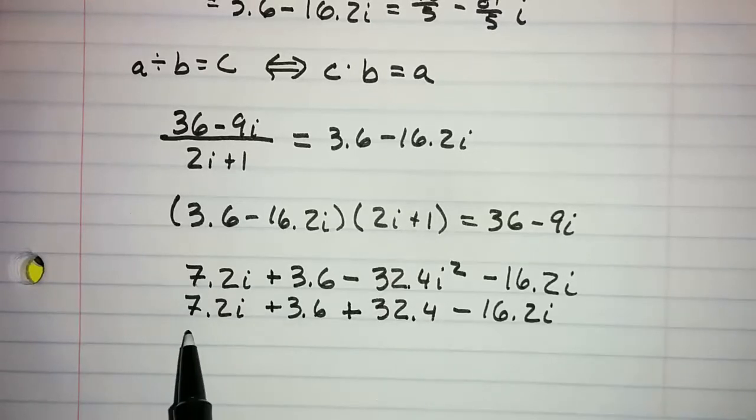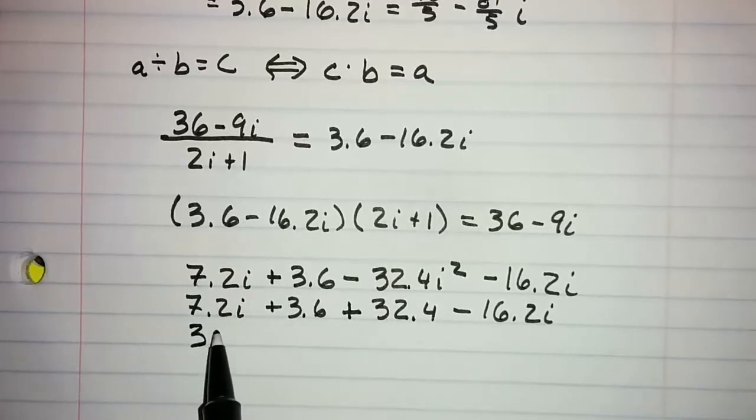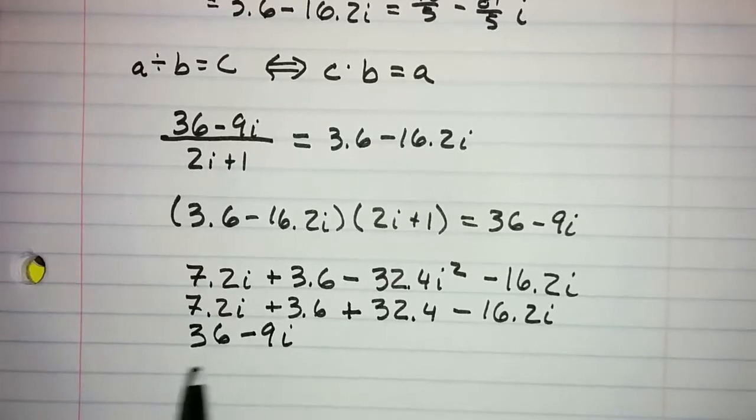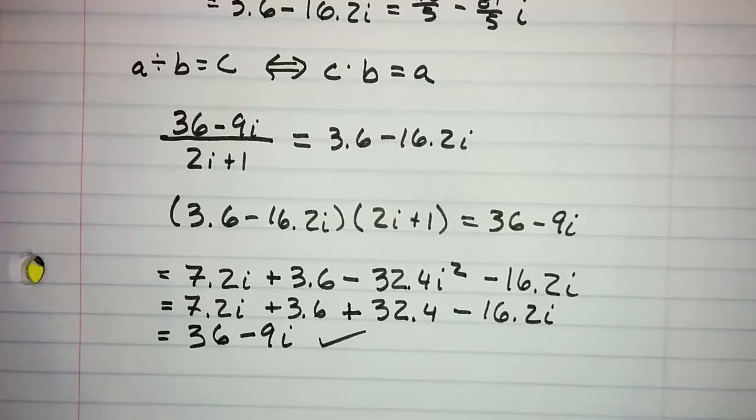And combining like terms, I do indeed get 36 minus 9i. So that division on the calculator really does do what I think division should do, just in order to be division.